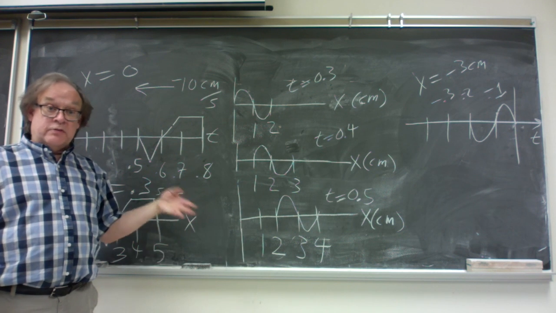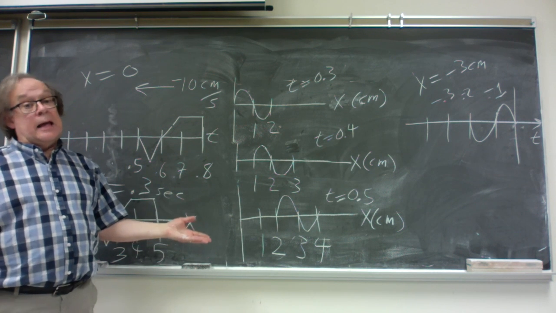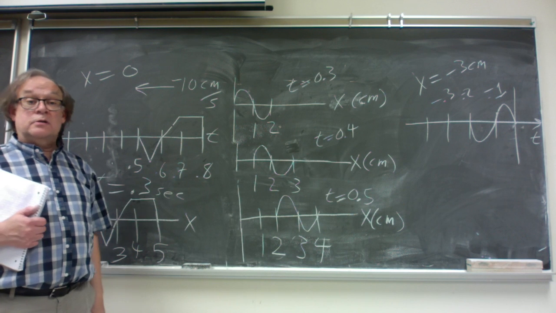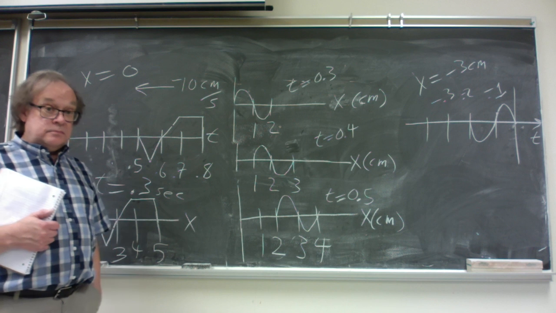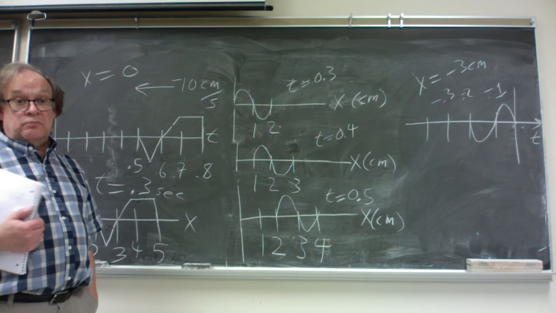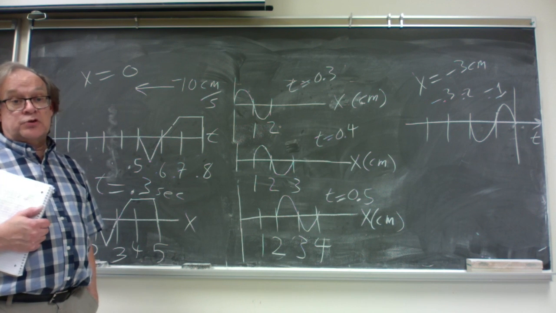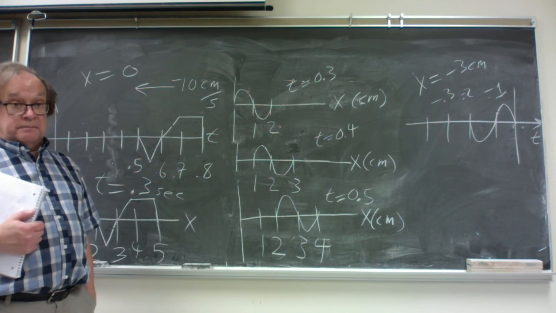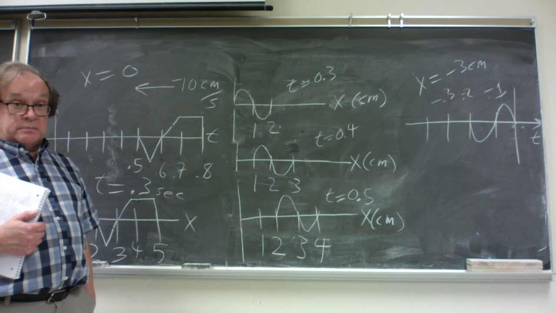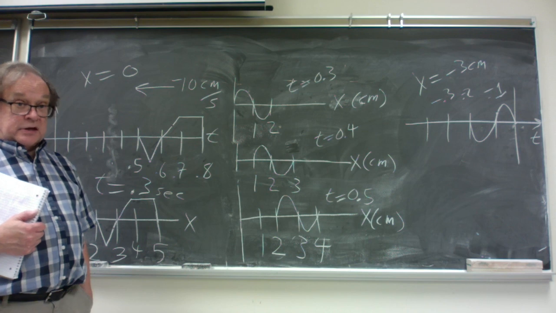Or you might be given both a snapshot and a history, and you have to figure out the velocity from that. And there are questions similar to all of those three situations in the assignment. It might sound kind of complicated, but in the assignment I've broken it down into simpler questions, and that should help a bit.